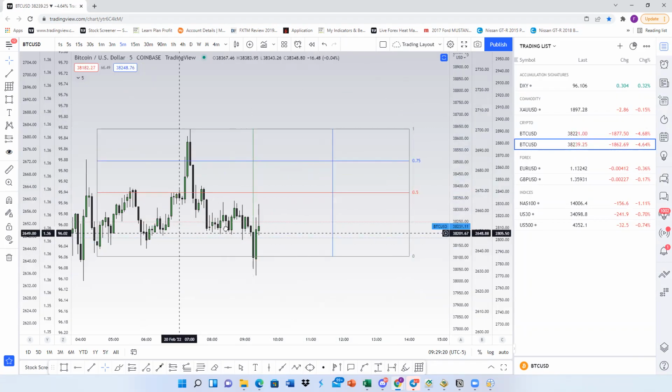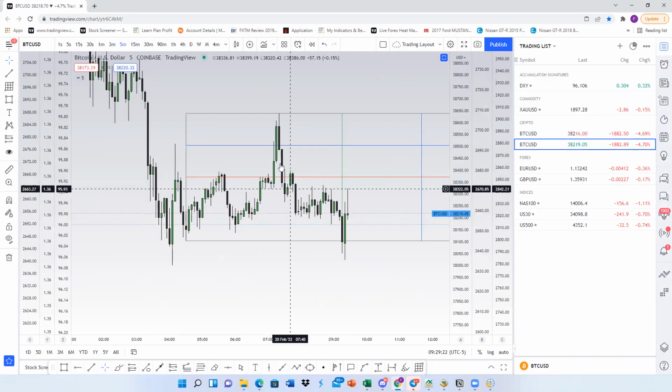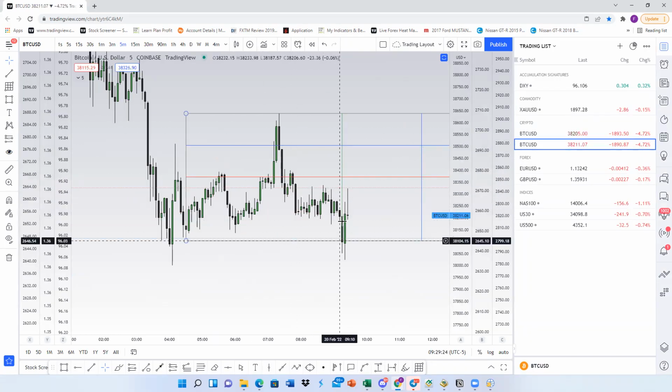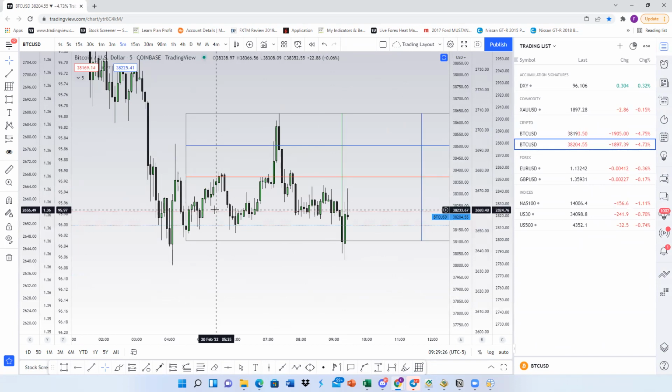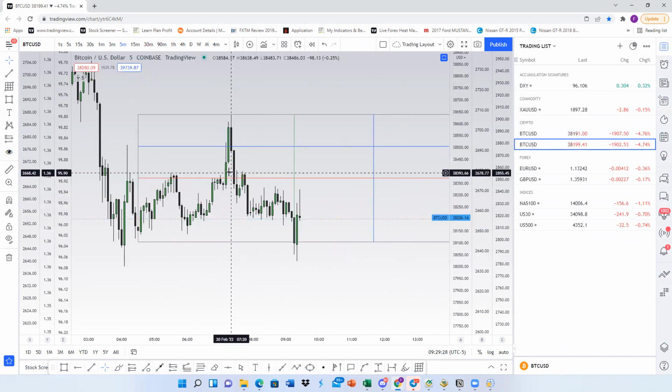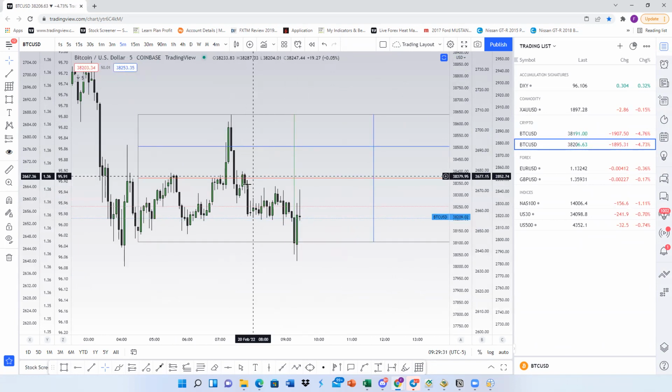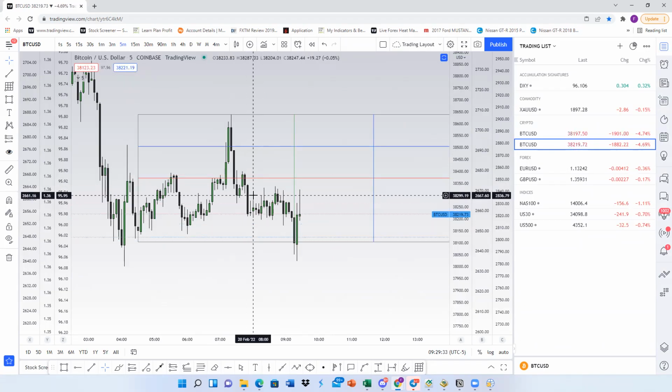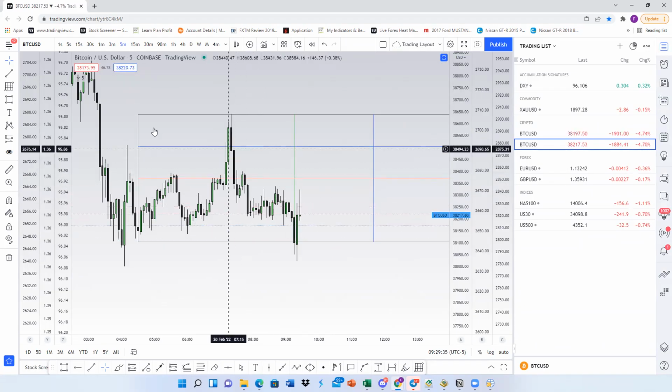So you see, structure is displacing to the downside. We displaced over here, displaced over here, now displacing over here. So it's all good. So we are finding an imbalance. Over here, can we find an imbalance? No. Can we find an imbalance over here? Can.